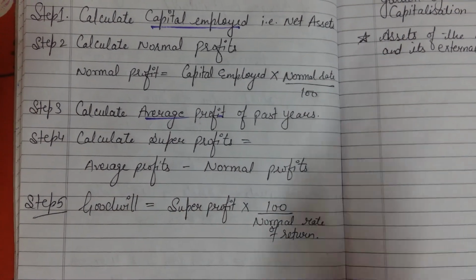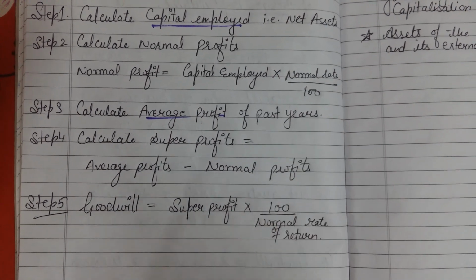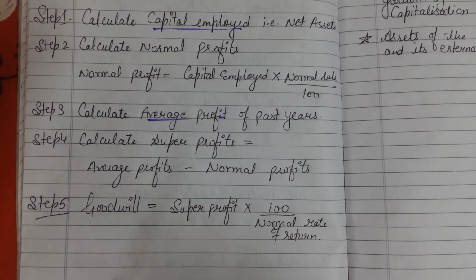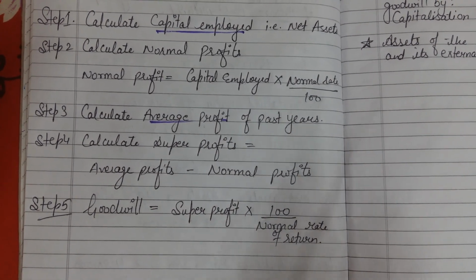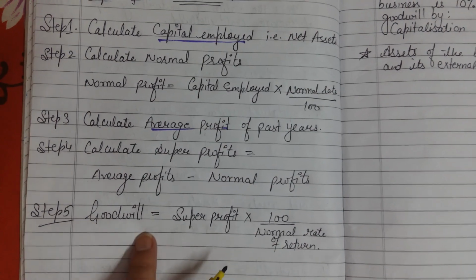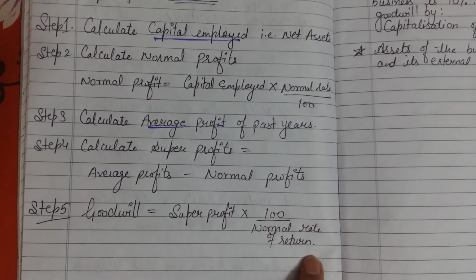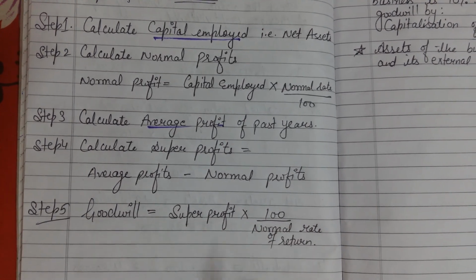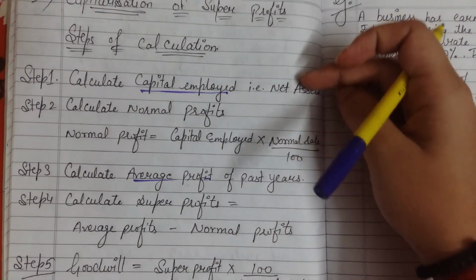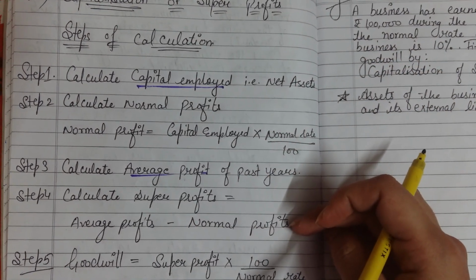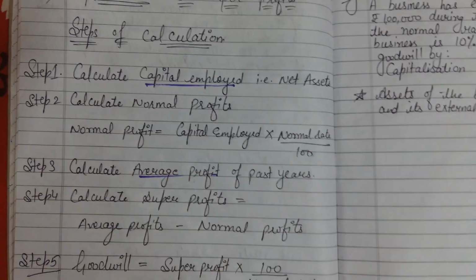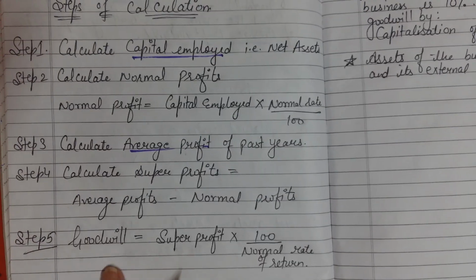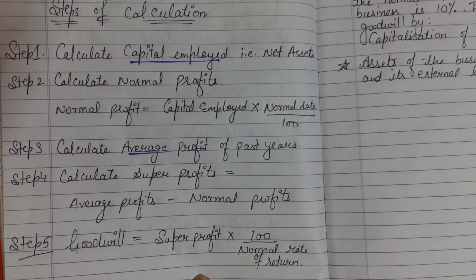In simple super profit method, the formula of goodwill was super profits multiplied by number of years purchased. But now here the goodwill is super profits into 100 over normal rate of return. So in this method the four steps are similar, and the only change is the formula of the goodwill.